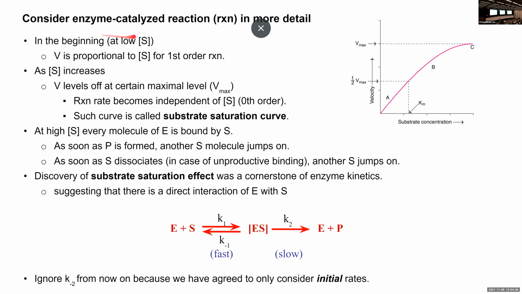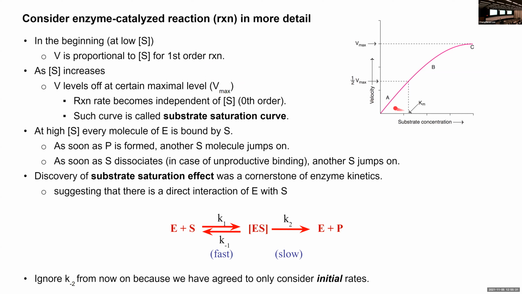And again, this V is going to be proportional to the substrate concentration, especially at the beginning, where the substrate concentration is low. And since this is a simple correlation, it's going to be considered as just a first order reaction.